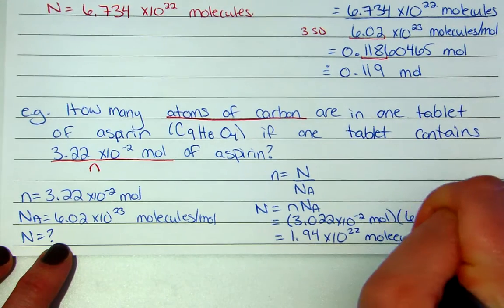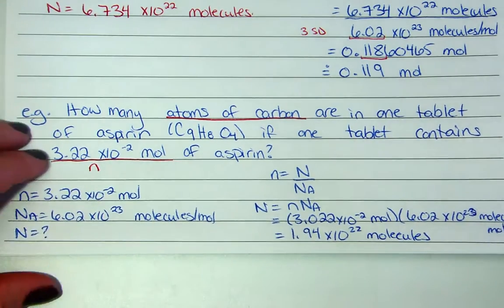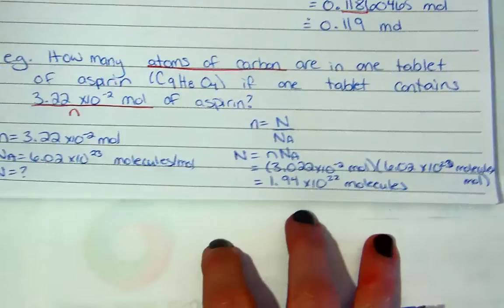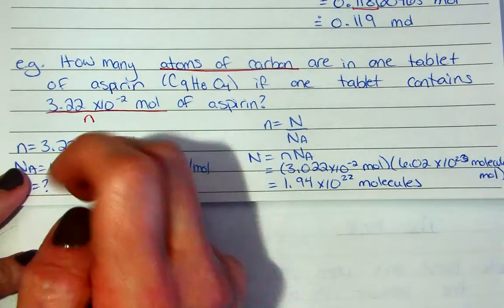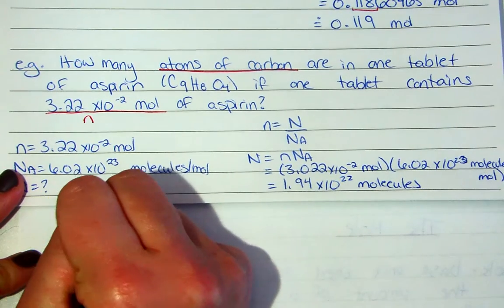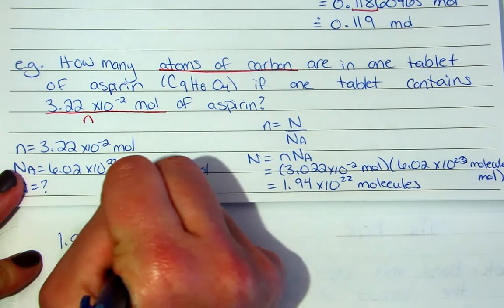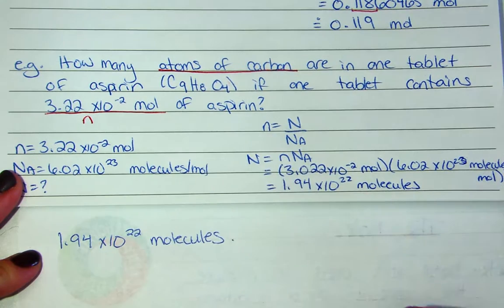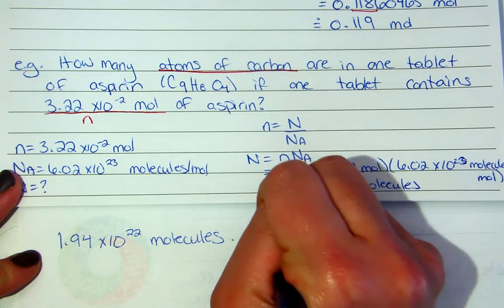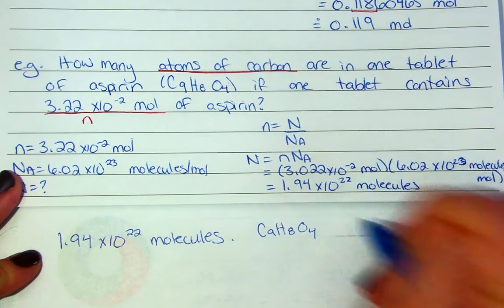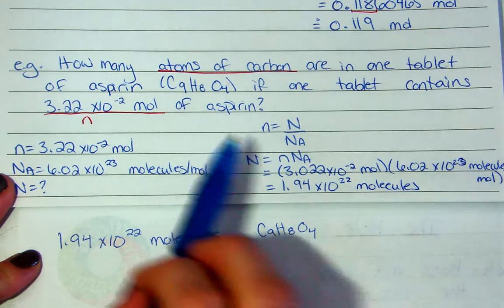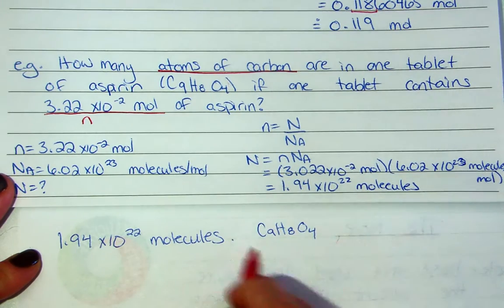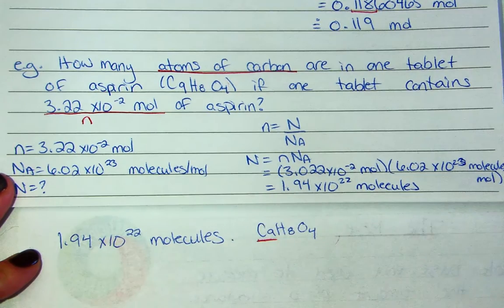Now this is the number of molecules of aspirin, okay? So from there we need to recognize that in our molecular formula, so 1.94 times 10 to the power of 22 molecules of C9H8O4. And the question asked us for the number of atoms of carbon. So we need to recognize in one molecule, how many atoms of carbon are there?